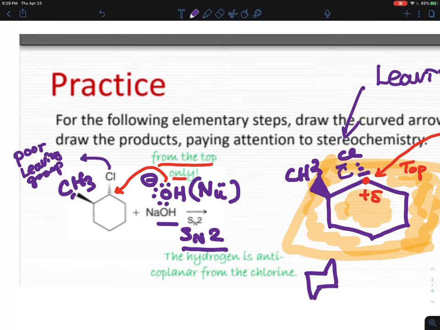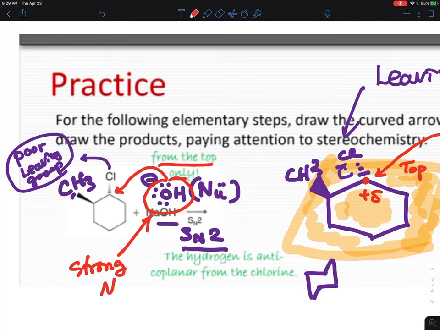Okay. More important, it doesn't have its own motivation to leave as it is, but what you have over here is this OH minus, which is a pretty strong nucleophile. So it's more like a push and pull at the same time.